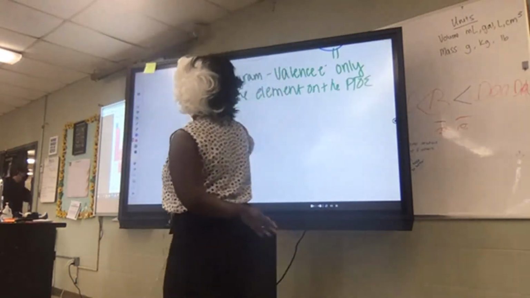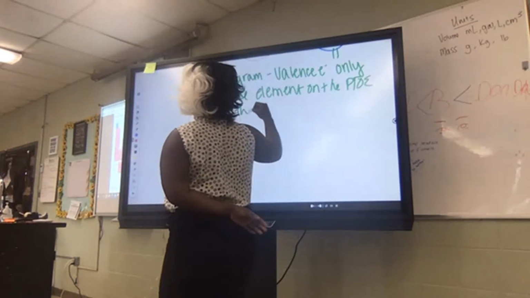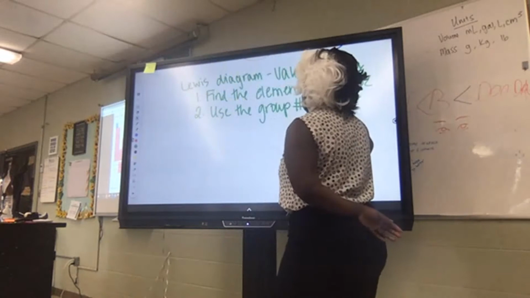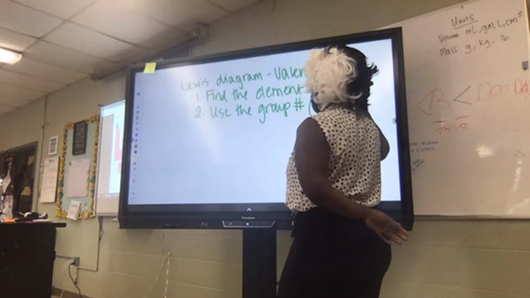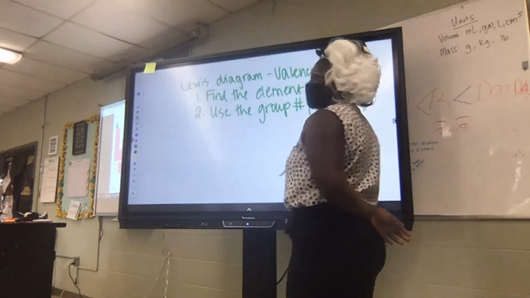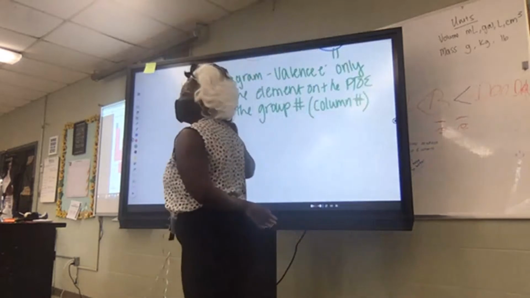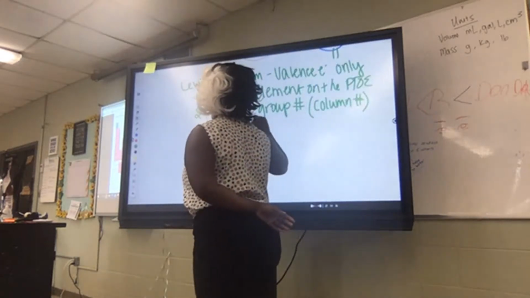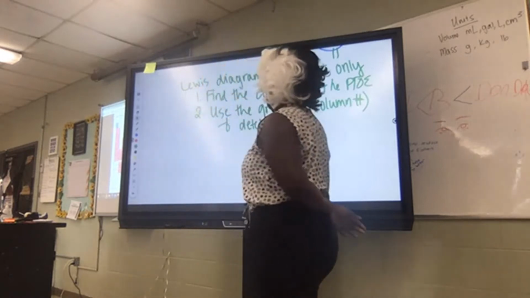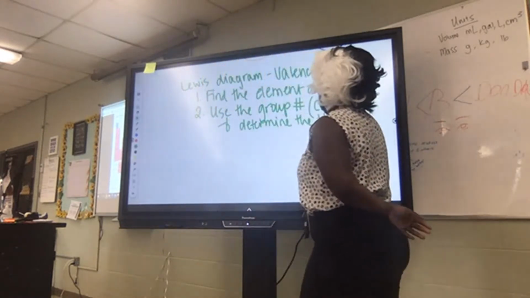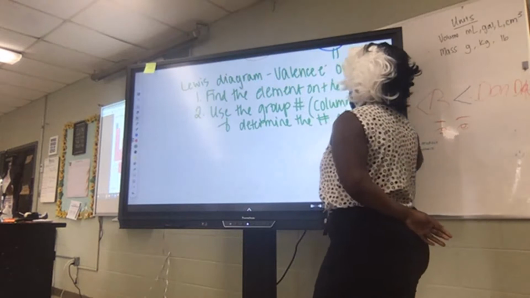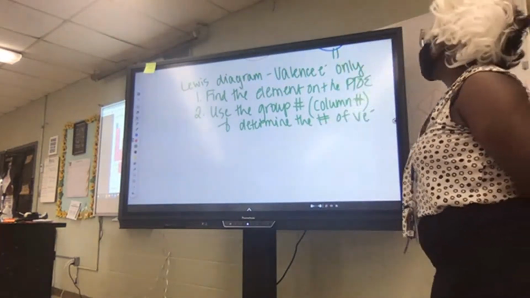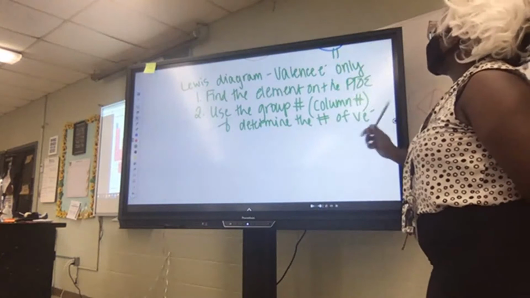Then you're going to use the group number, also known as the column number, to determine the number of valence electrons.